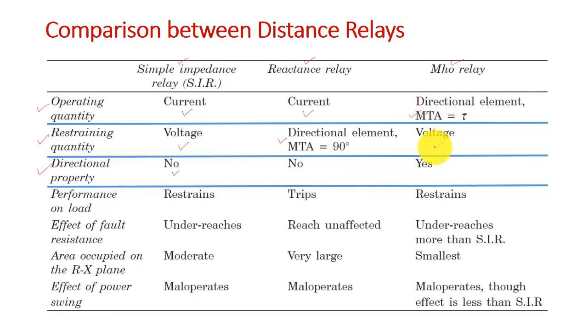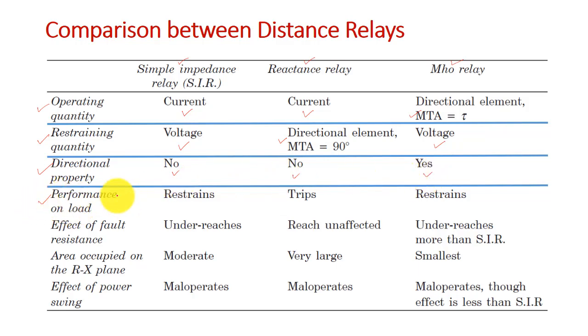And in the Moore relay, we have seen that it is a directional relay, because as we adjust the MTA, the maximum torque angle, the direction of this Moore relay is adjusted, and it occupies very little space.